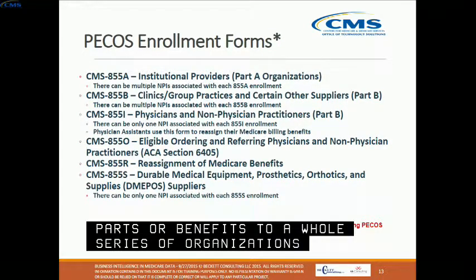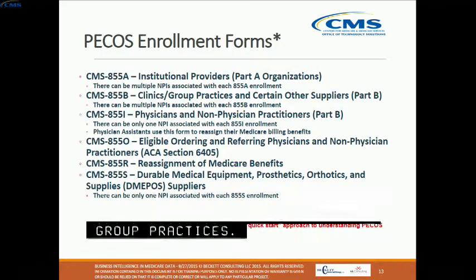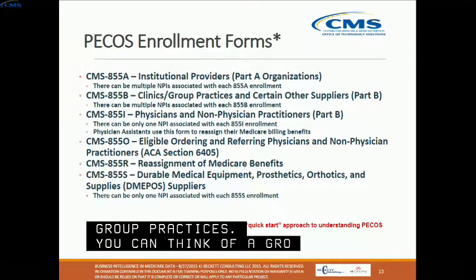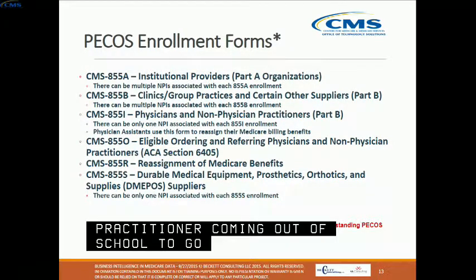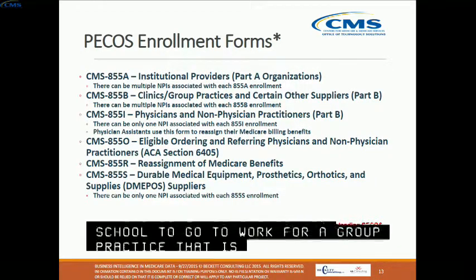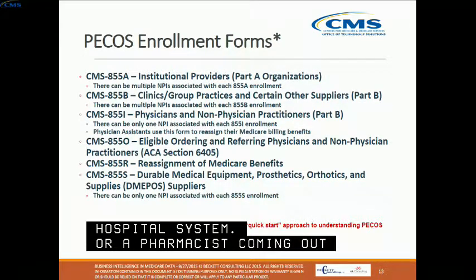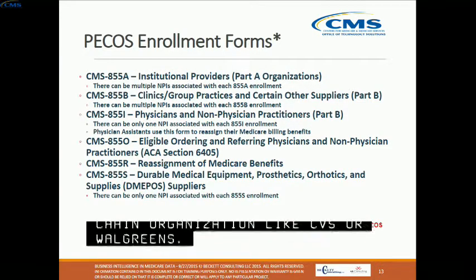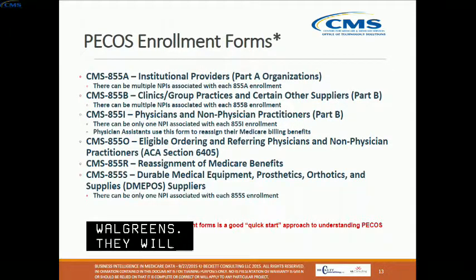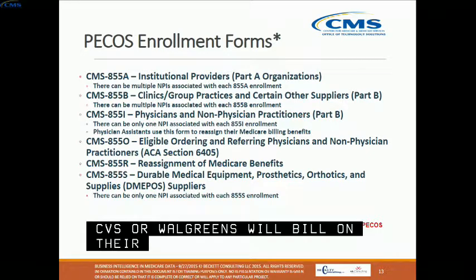You can think of an individual practitioner coming out of school and going to work for a group practice. The group practice is actually owned by a hospital, and the hospital is part of a hospital system. Or a pharmacist coming out of pharmacy school and going to work for chain organizations such as CVS or Walgreens. Typically, they will not bill directly for their services. CVS or Walgreens will bill on their behalf, and so their billing benefits are reassigned from them as an individual to the organization.